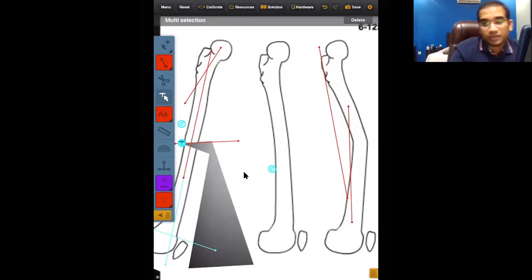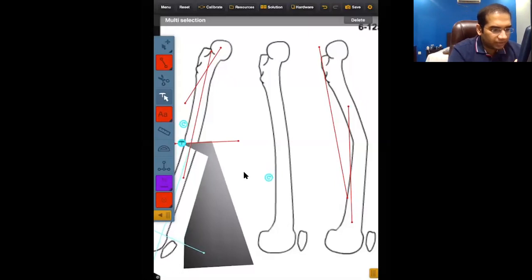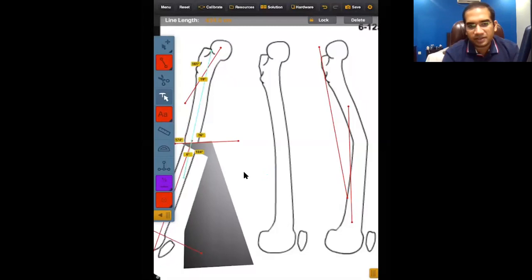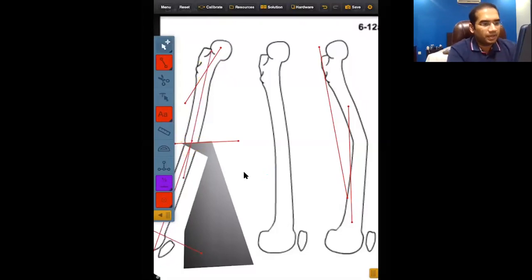But we know that usually there is a mid diaphyseal angle of 5 to 10 degrees. Okay, so we need to extend it a little bit in our planning, and then we'll check the angle. The angle is 6 degrees, so I will stop anywhere in between this, because this is again the creation of 5 to 10 degrees of angle.